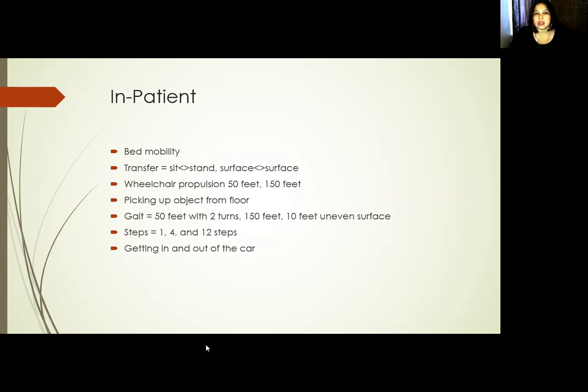If for some reason it is unsafe for the patient to do any of these tasks, you can document that. So, for example, 12 steps not performed due to safety concerns. So this is in general what is required in the EPIC documentation for the inpatient.